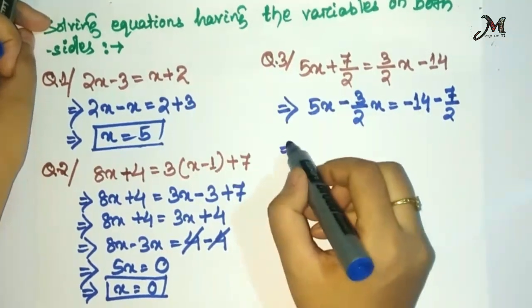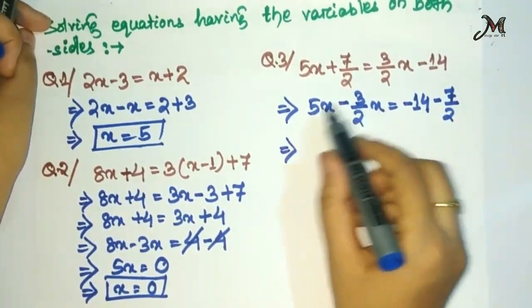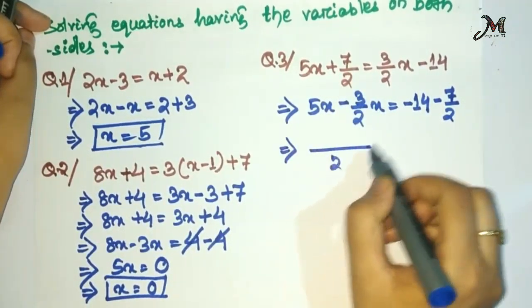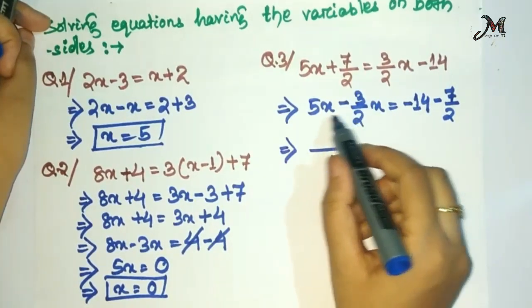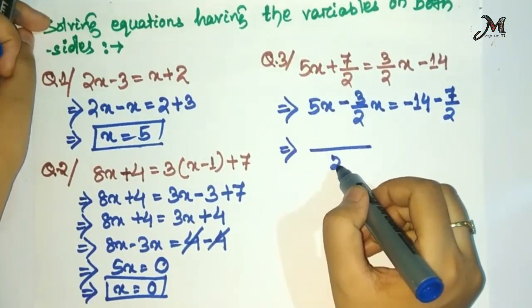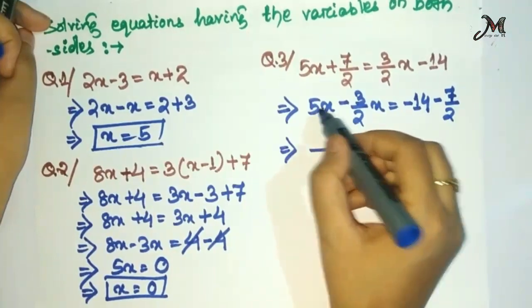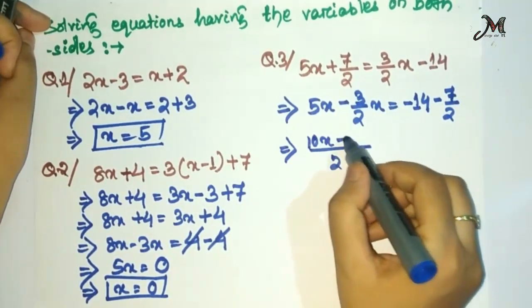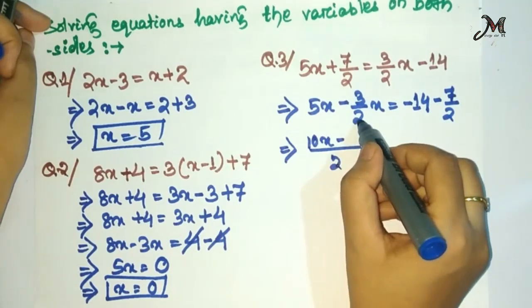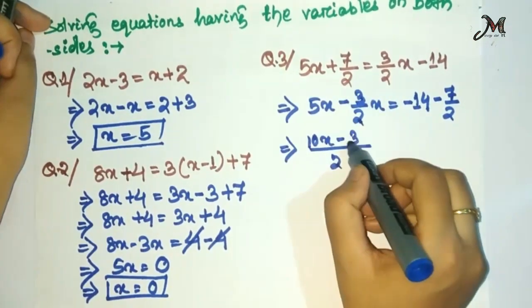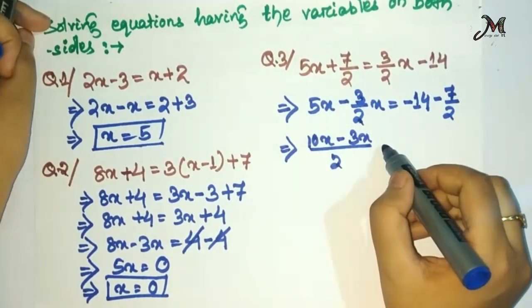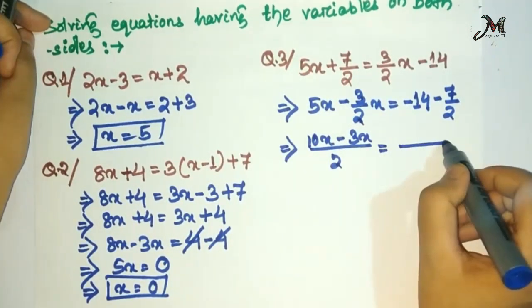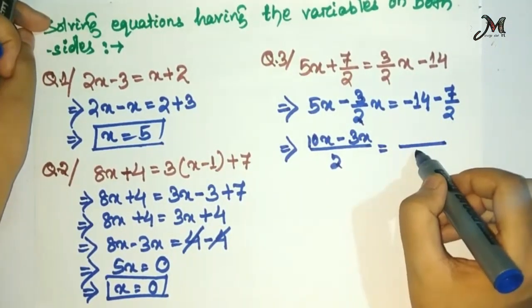Now we can solve, or we can take LCM of both the sides. Okay, on the left hand side the LCM is 2. Now 2 into 5x, that will become 10x minus 3x divided by 2. Okay. Now on the right hand side, the LCM is also 2.